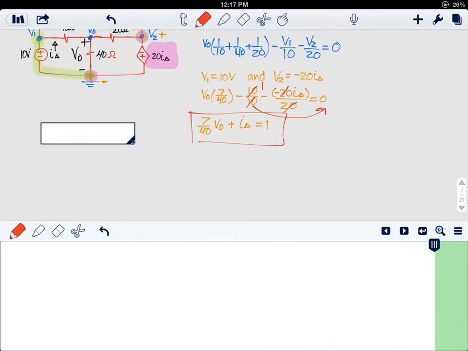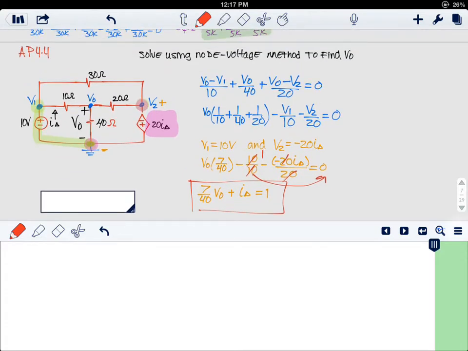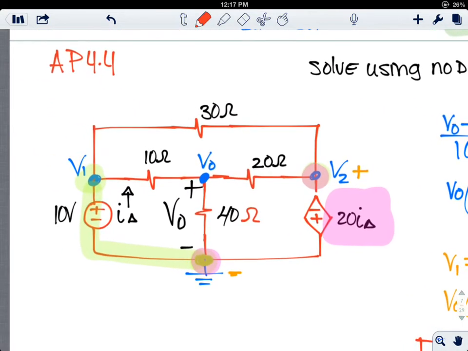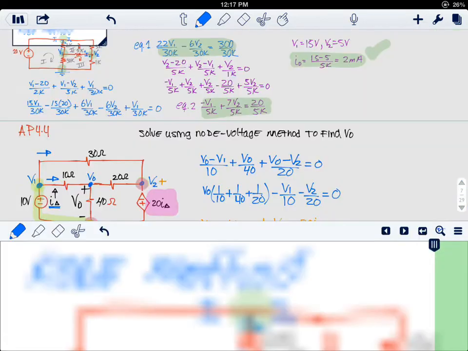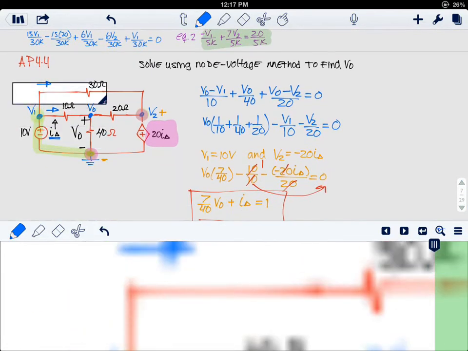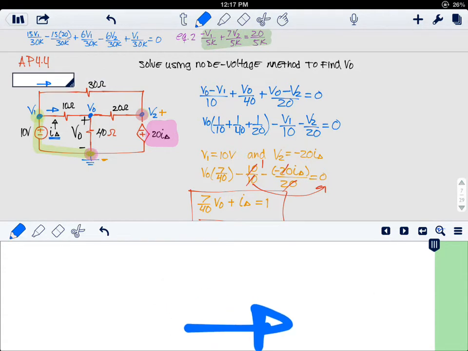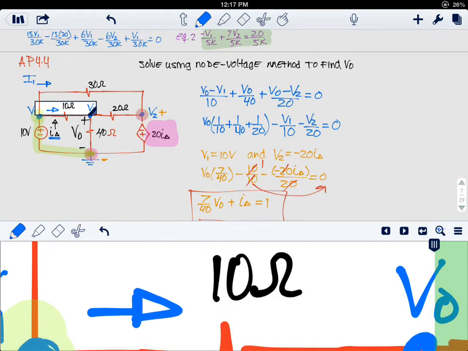Now, let's notice something from this figure, and it is that current I delta is divided into two currents here. It's divided into a current, let's name it I1, and let's name this I2.